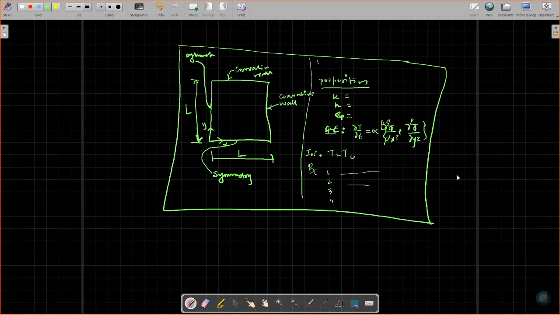Also write whether this is a laminar problem, incompressible, that nature of the problem. And the second thing you can mention here is the solution schemes.